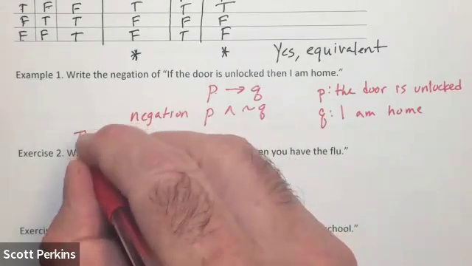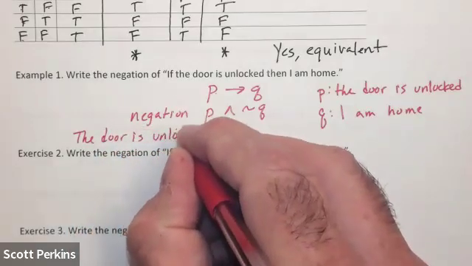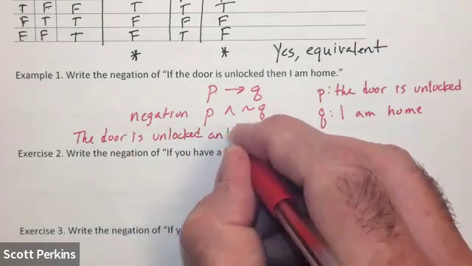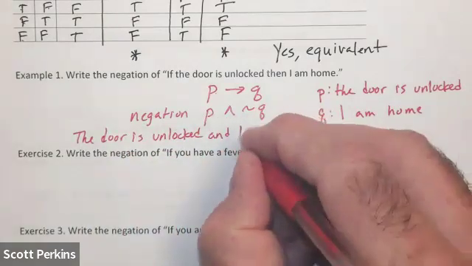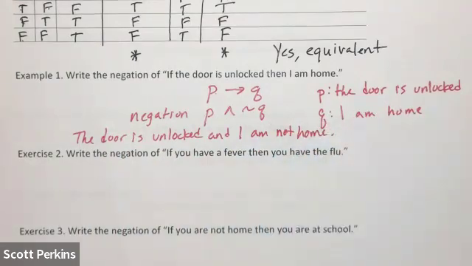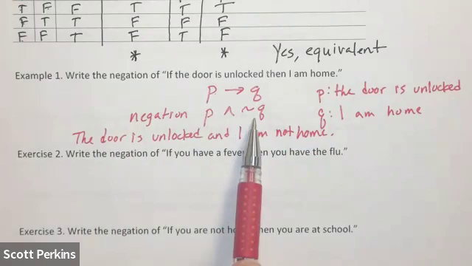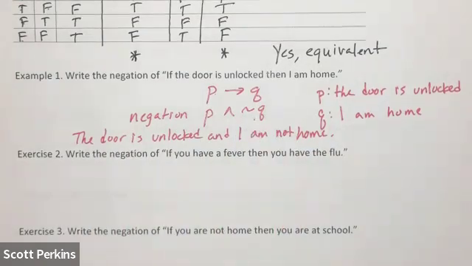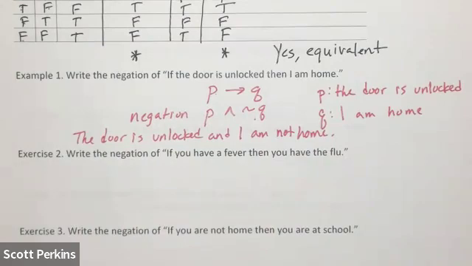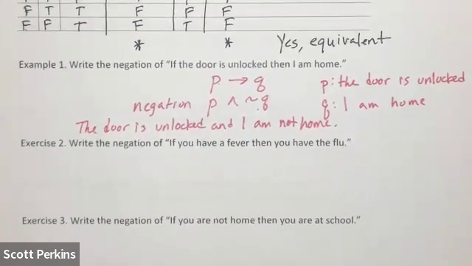The door is unlocked and I am not home. That's what squiggly Q is. The door is unlocked is P. I am not home is squiggly Q. All right, so easy enough. It's just a matter of translating and then using that property of the negation of the conditional.